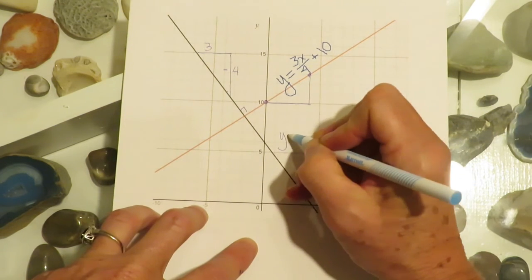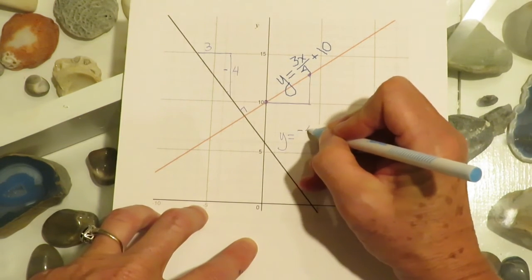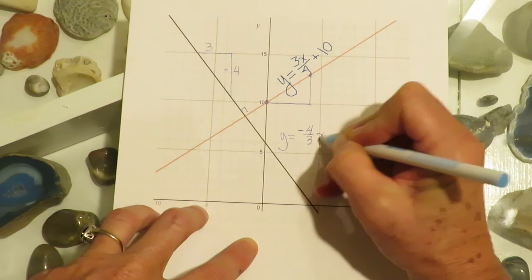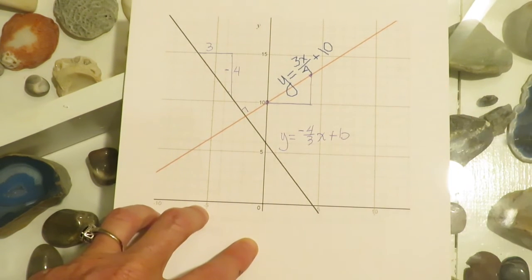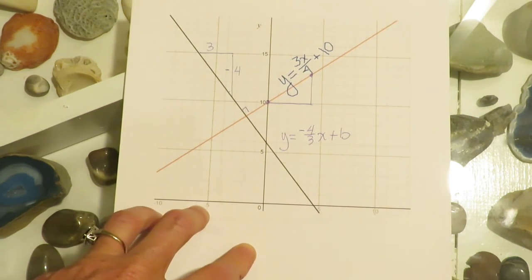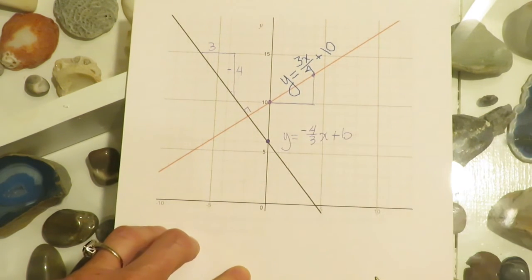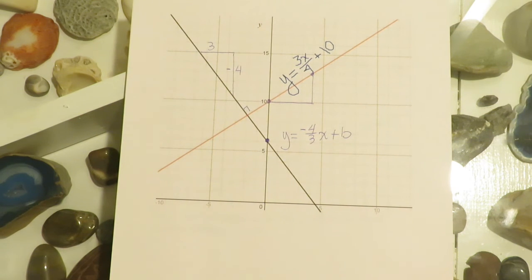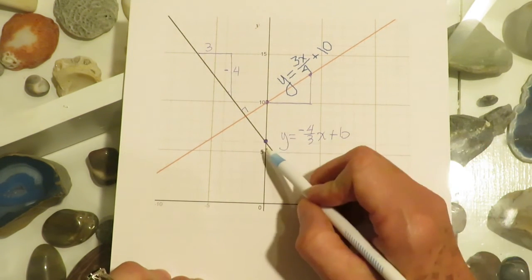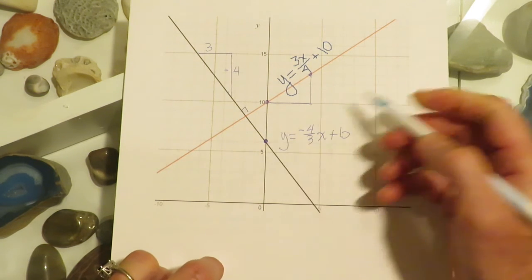So I know that my equation is y equals negative 4/3 x and then plus a y-intercept value. And in this case, it looks like my y-intercept value is 6. I'm not officially given any particular point, and if I look at the y-axis, it looks like I'm crossing over at 6.